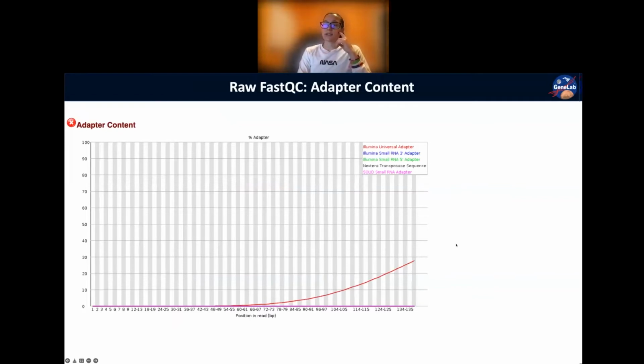So the next thing that's super useful, and gets to your point, who is it, Mark, that asked about the primer dimer in terms of that GC contamination. This is where we can start to look to see if there is adapter content in there. If we do have adapter dimers in here, we should be able to detect them in the FastQC.